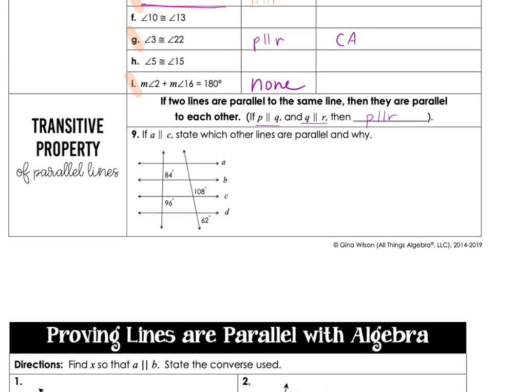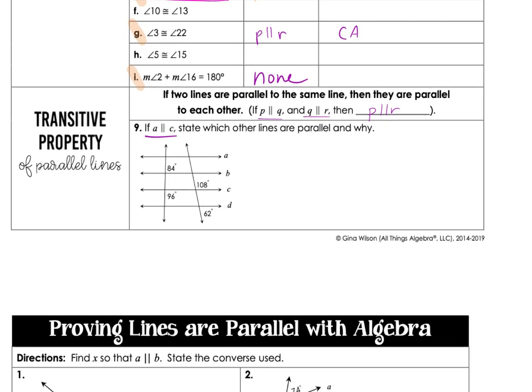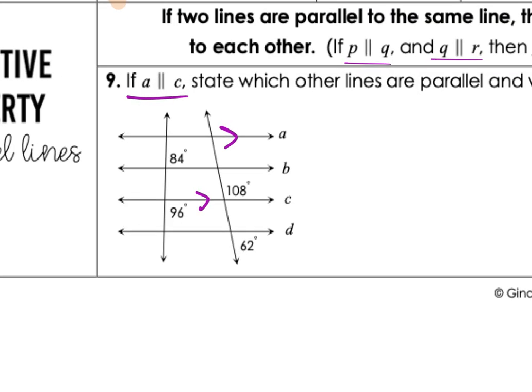Okay, so if you look at this picture, it says if A is parallel to C, so let's mark that. A is parallel to C. Which other lines are parallel and why? A would be parallel to B. Why?